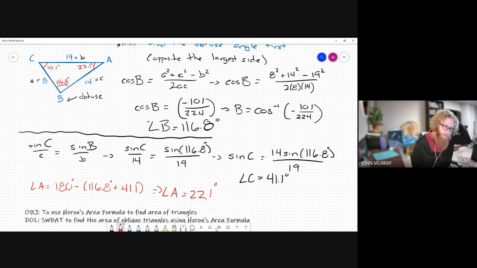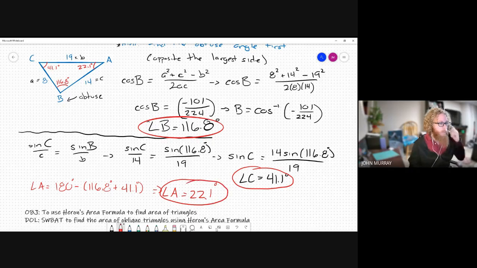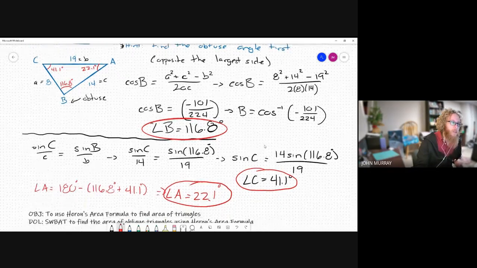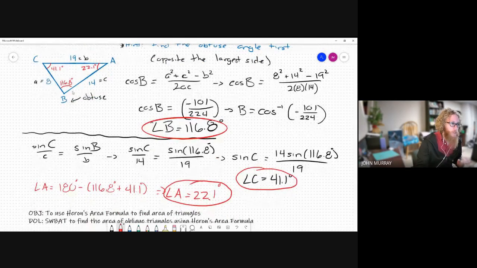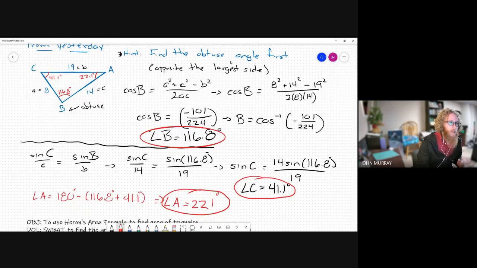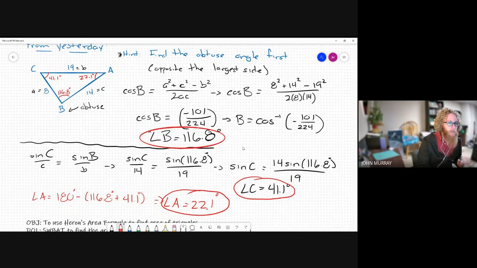And we solve the triangle there. So again, if you're in a situation where you're just given the sides and you want to find the angles, find that largest angle first, and then work your way back from there.